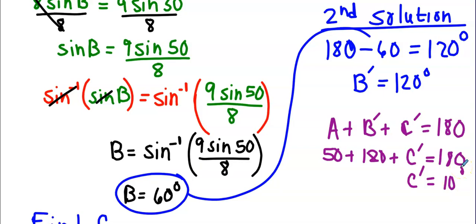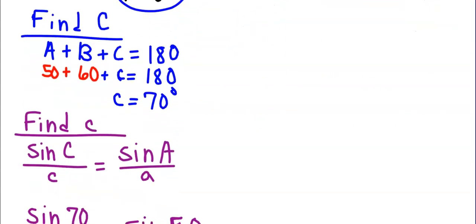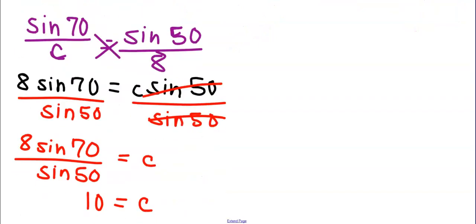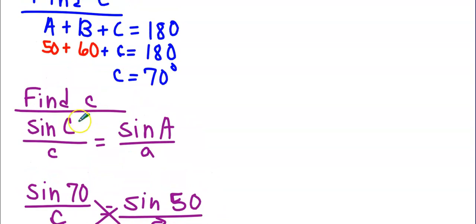We just have one last thing to do and we're done, guys. So we found the second B, now to find the second C. Our last part is so easy because we talked about a shortcut: if we change just one thing, it's going to fix everything. The only thing that's going to be different for this problem is your angle C, because our angle C this time right here was 70.